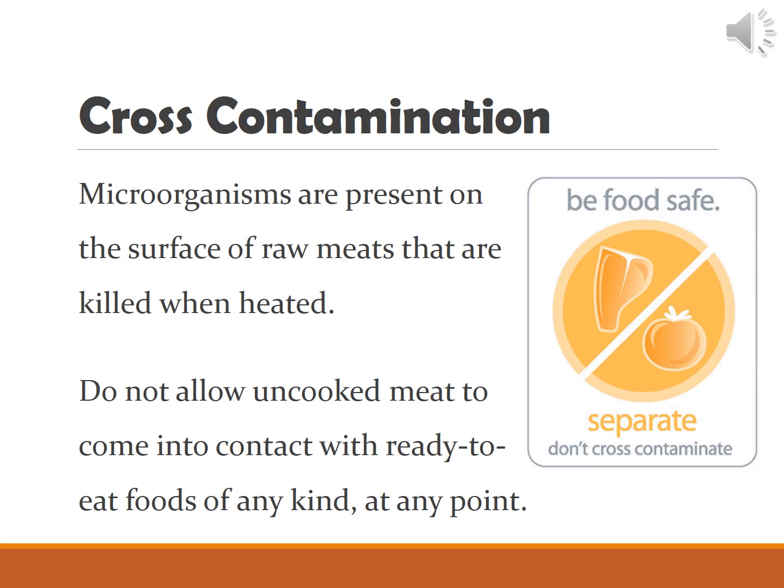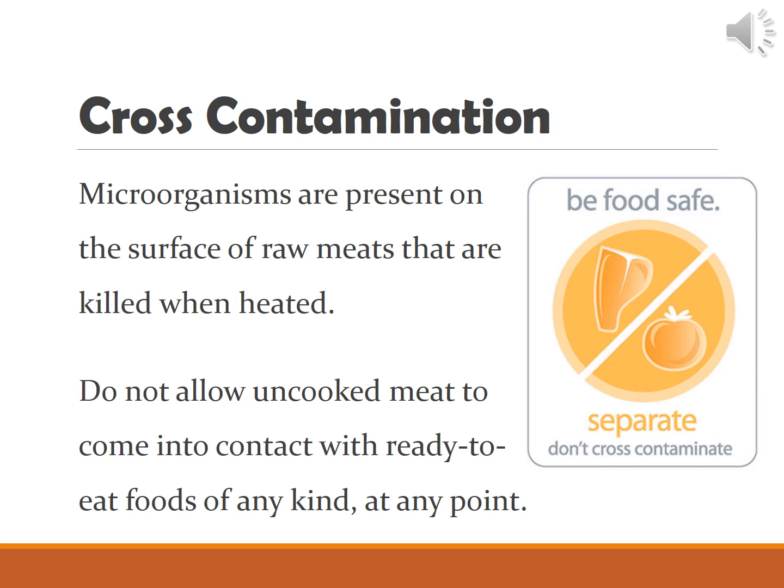So we cannot let uncooked meat come into contact with ready-to-eat foods of any kind at any point. Even something as simple as using the same cutting board that has come into contact with raw meat for cutting vegetables can transfer the microorganisms from the juices of the raw meat that come onto the cutting board, onto the raw vegetables.